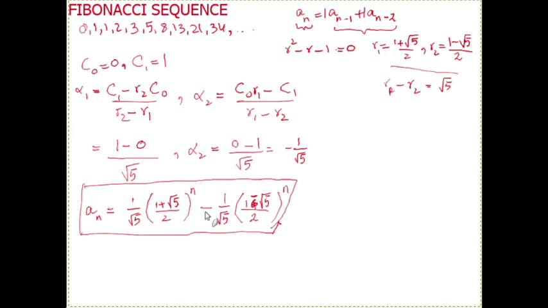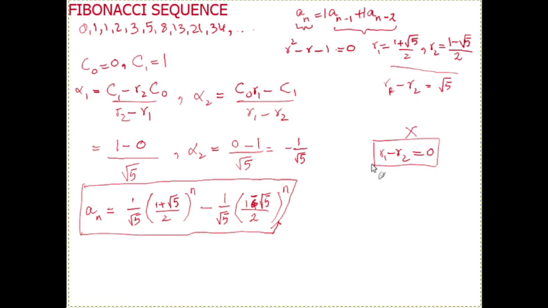Okay, so as a recap, we presented a method to solve linear recursive relationships which are typically homogeneous, and we used a characteristic equation to find the roots. Now note that this method will not work if r1 minus r2 is equal to 0.